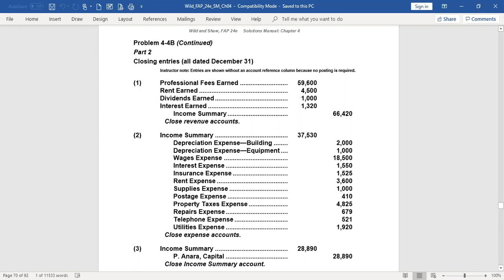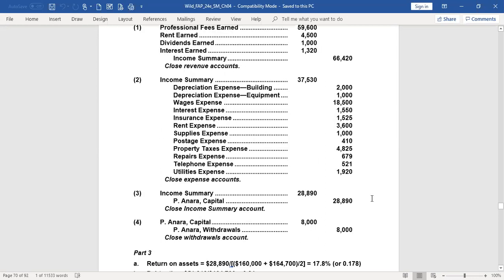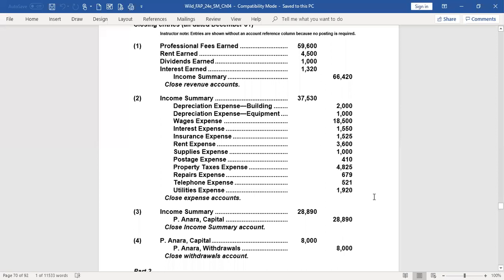I can see it's now zero, income summary. My revenues are zero, my expenses are zero. And then the final closing journal entry, credit withdrawals for its balance. It currently has a debit balance, we need it to be zero, so credit it, and debit capital, $8,000. And if you're doing this in the T accounts, revenue zero, expenses are zero, income summary zero.